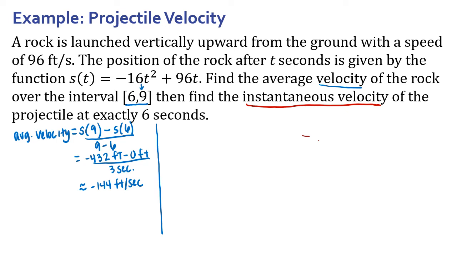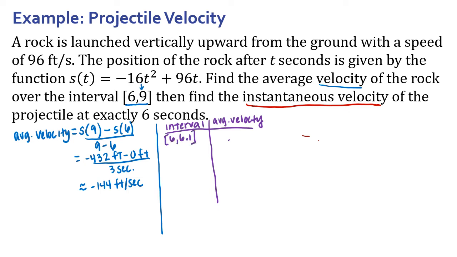So what I'm going to do is create a table of values, and I'm going to put the interval, so the time that we're going to look at, and then we'll put that average velocity, and then we can see what's happening. So let's look at values as we are getting closer and closer to 6. Let's first start from 6 to 6.1.